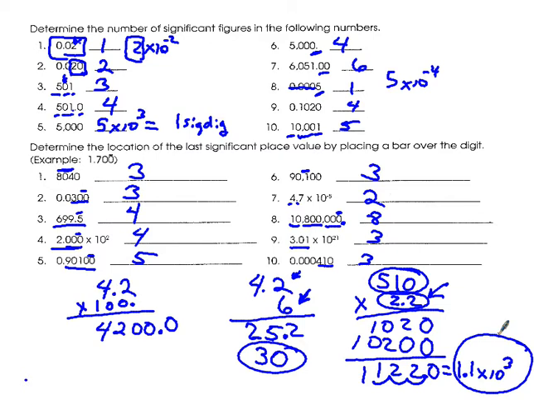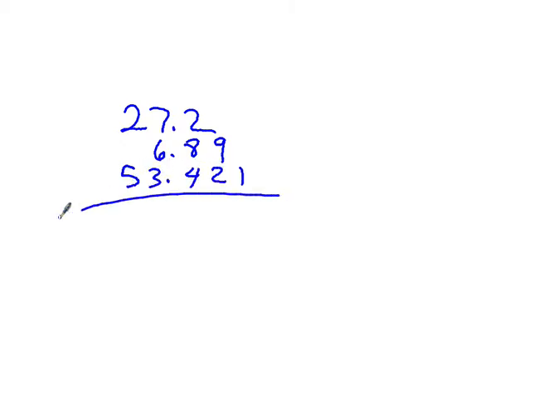Now let's look at one example when you add and subtract. Let's say I'm adding 27.2 and 6.89 and 53.421. Okay, I'm adding those numbers up.